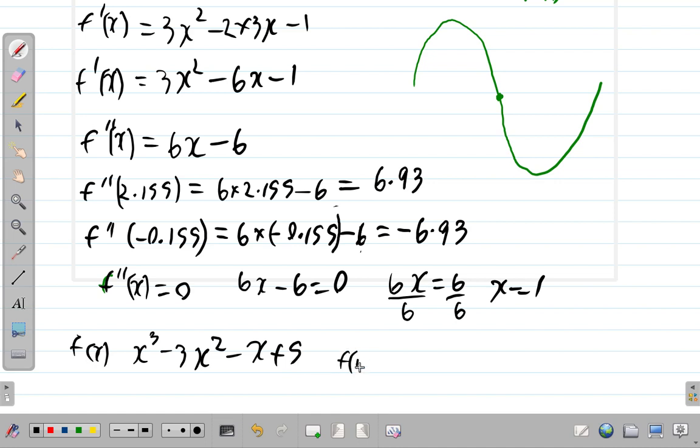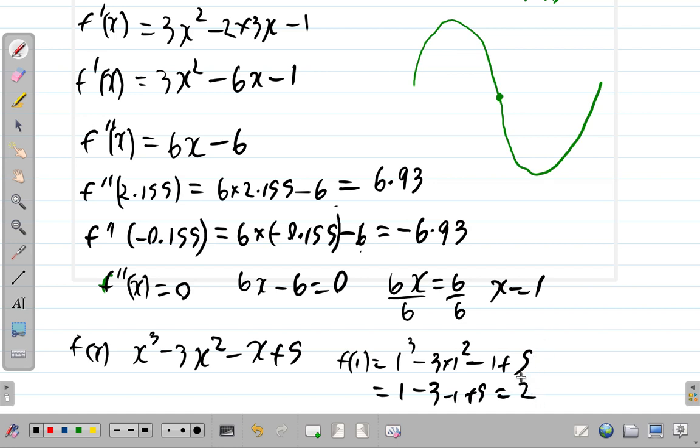So now f of 1 would be 1 cubed minus 3 by 1 squared minus 1 plus 5, which is 1 minus 3 minus 1 plus 5. 1 minus 3 is negative 2. Negative 2 minus 1 is negative 3. Negative 3 plus 5 is 2.